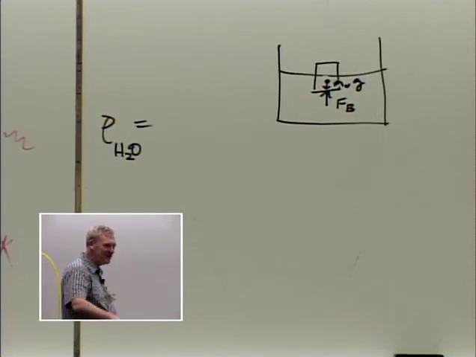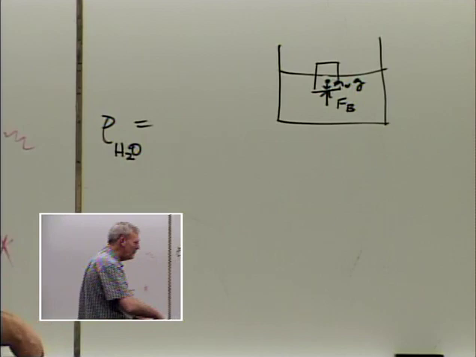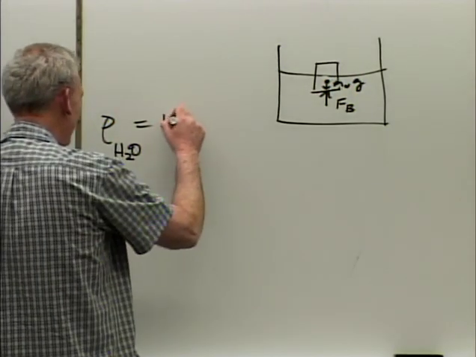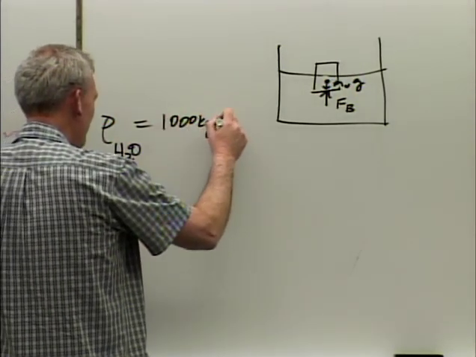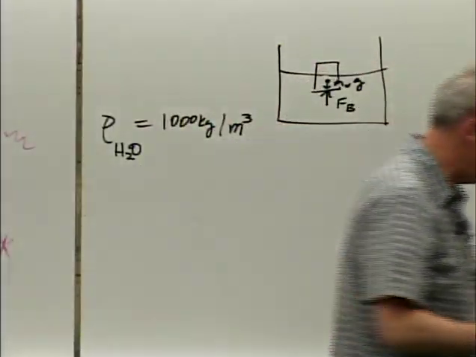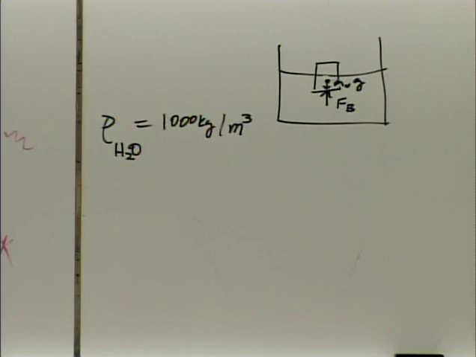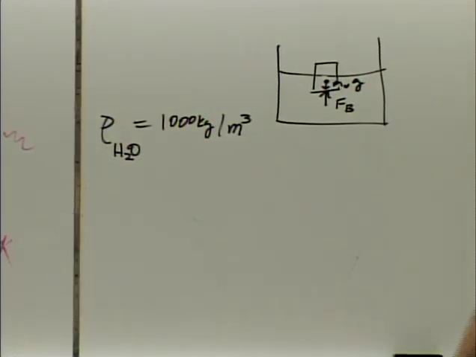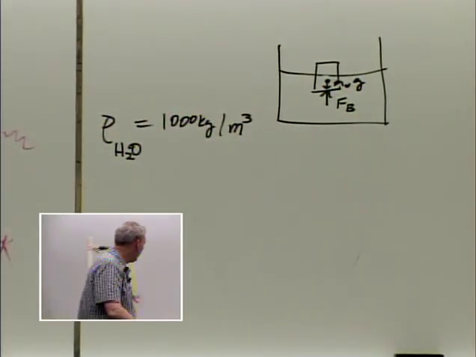I don't understand chemistry. What? 1,000, right, 1,000 kilograms per cubic meter. This thing's about a cubic meter, and so if it was an aquarium completely full of water, it'd weigh almost a ton. Water's very heavy.